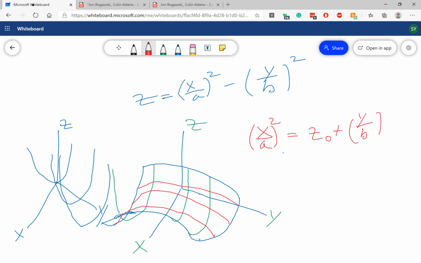And we can now take the square root of both sides. And we again get hyperbolas. Okay, so this is when z is a constant. So that's along this line over here.